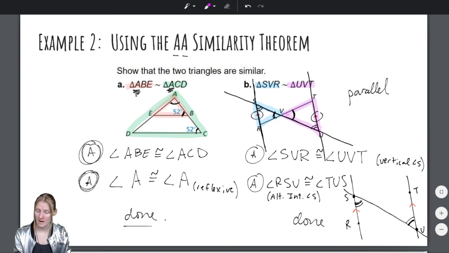And we have one pair of congruent angles, two pairs of congruent angles, so we're done. If I have two pairs of congruent angles, it means that the triangles are similar by the AA similarity theorem.